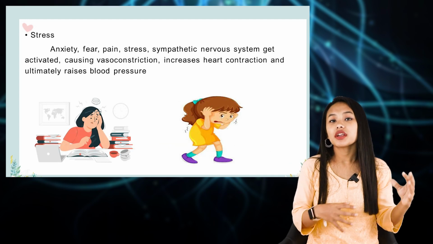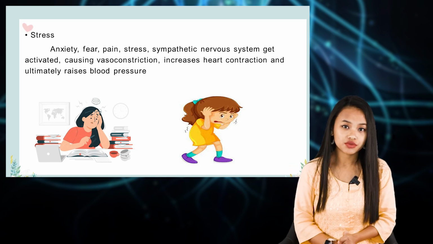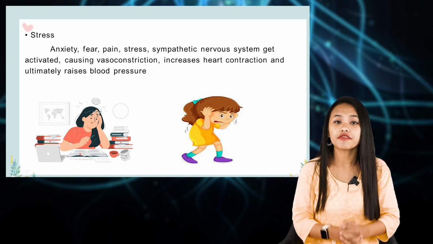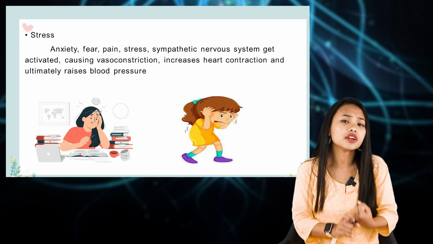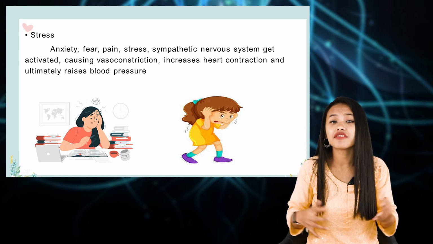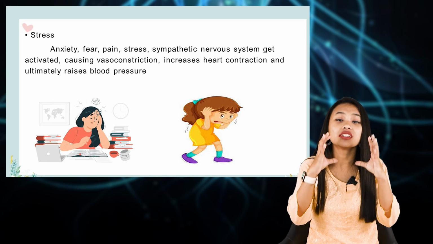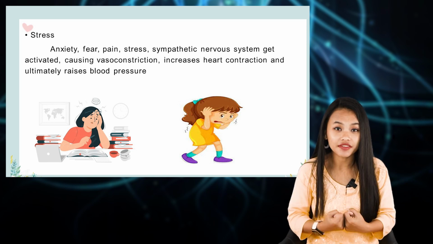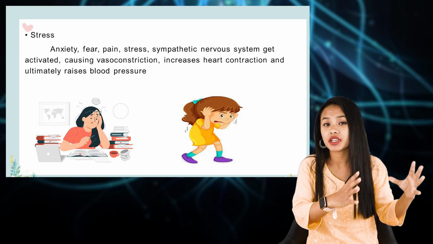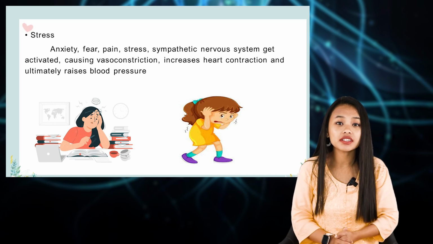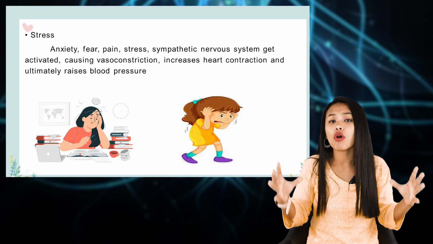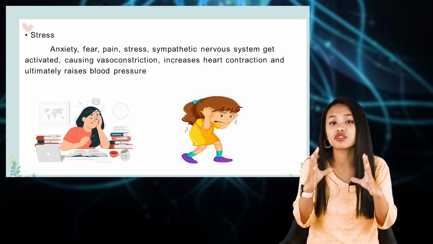The next one here is certain emotions such as stress. So here, if the client is suffering from anxiety, fear, pain, or is having any stress, what happens is that the sympathetic nervous system gets activated. And when the sympathetic nervous system gets activated, it causes vasoconstriction.